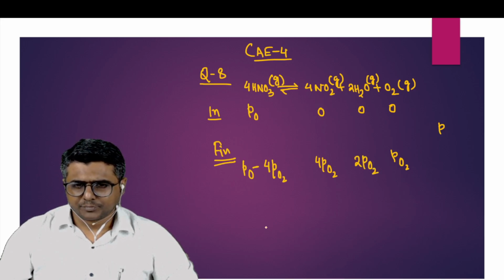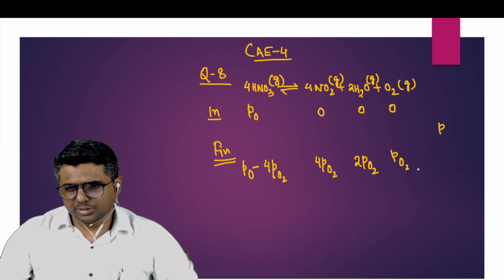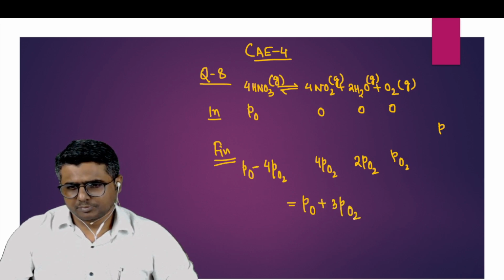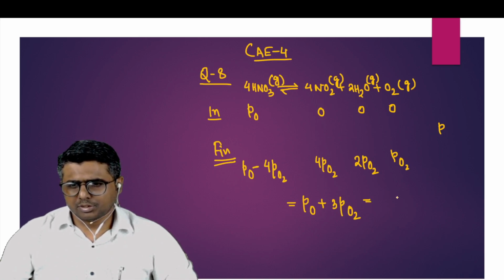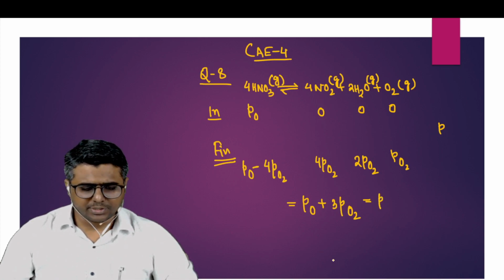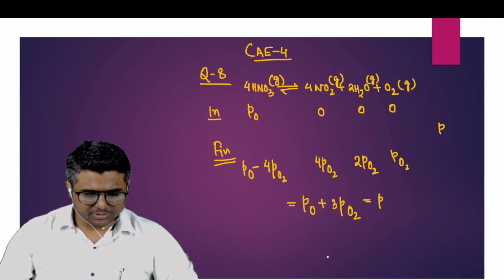These are the partial pressures at equilibrium. If we add all this, then you will get P naught plus 3 PO2. Now this is equal to given as P.